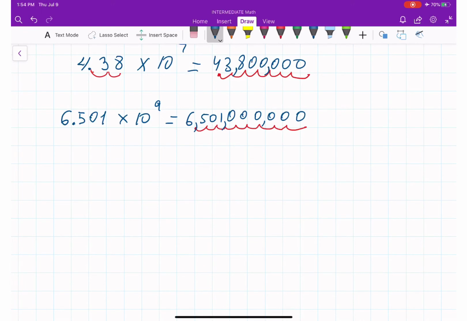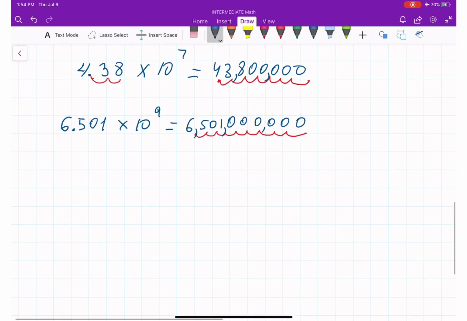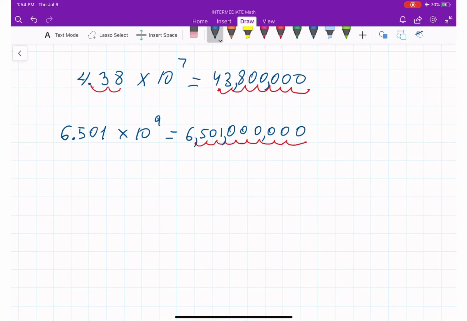Okay, next. The same thing we do regarding small numbers. So let's assume I have 8.9 times 10 to power negative 8.